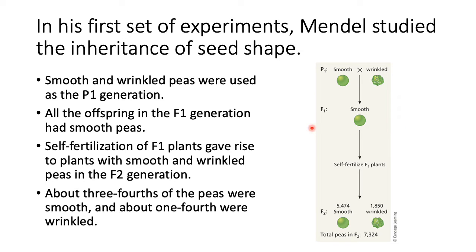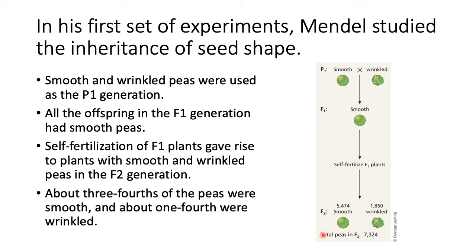And so what he did was he took two plants from the F1 generation, and those two plants we know both have the phenotype of smooth peas. He crossed them, he self-fertilized them, and he found that the F2 generation, a generation after the F1, whose parents were gathered from the F1, had an interesting characteristic.